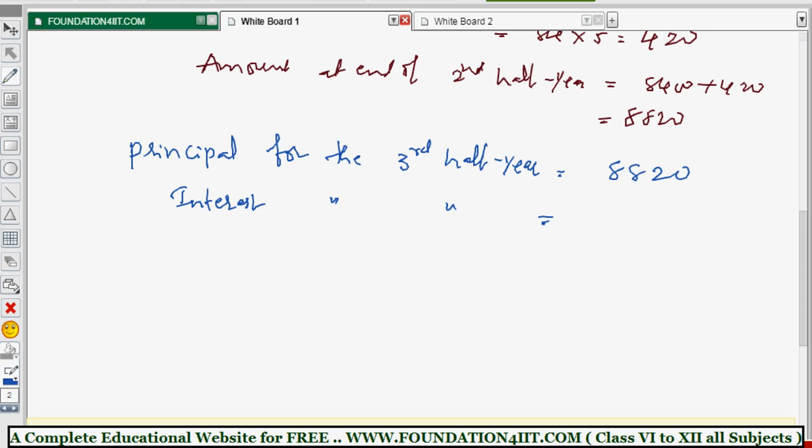Same way we find the interest for the third half year: 8,820 into 5% into 1 by 100, because every time we take 1. The zeros cancel, 5 ones are 5, 5 twos are 10, again 5 eights are 40, 5 eights are 40, so 441. This is the interest for the third half year.